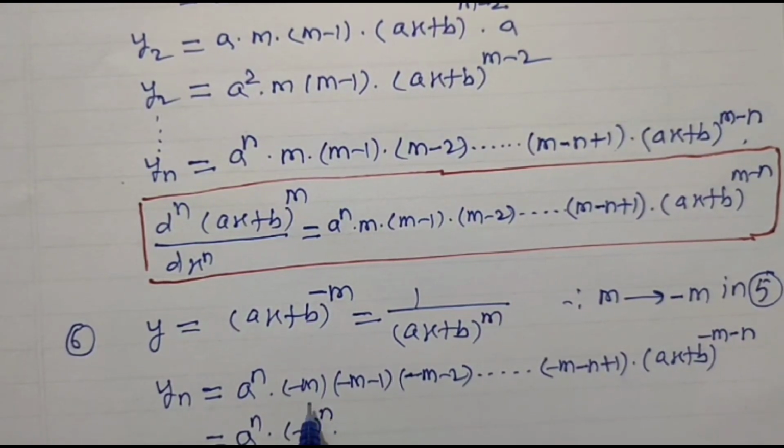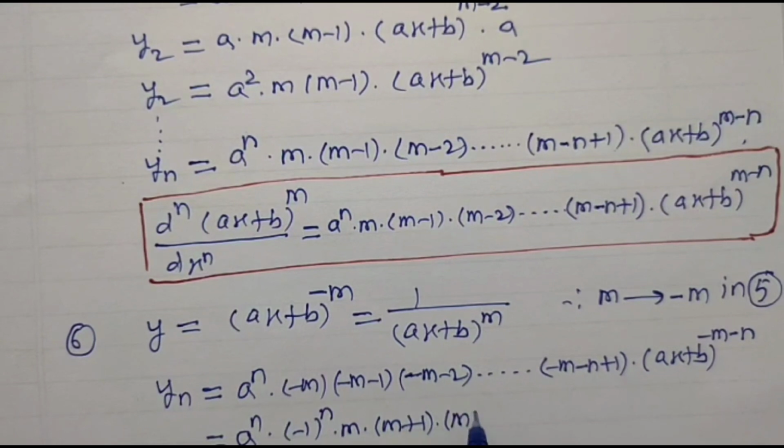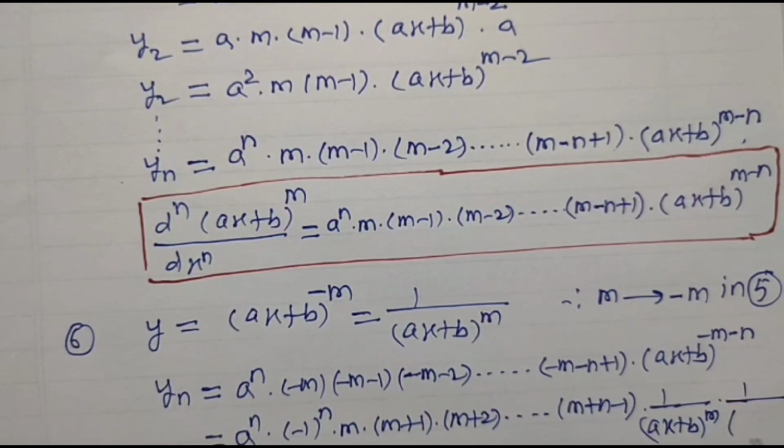Now these factors we can write like this, m into m plus 1 into m plus 2 and so on up to m plus n minus 1. We can write (ax plus b) to the power minus m minus n, separating, as 1 upon (ax plus b) to the power m into 1 upon (ax plus b) to the power n.